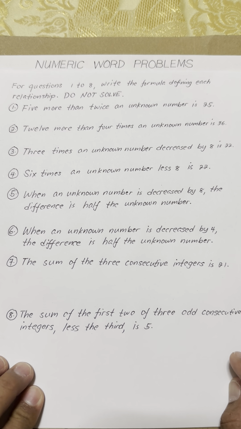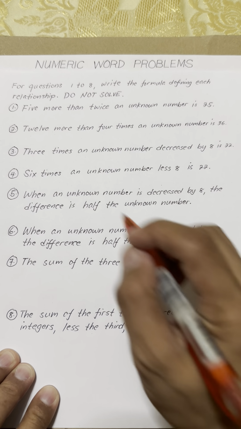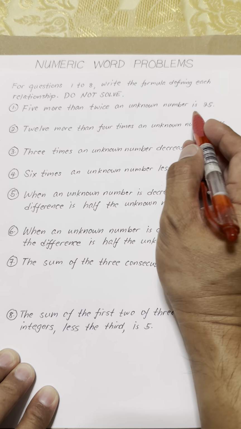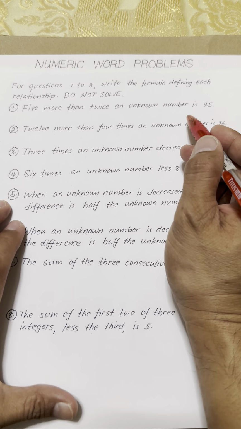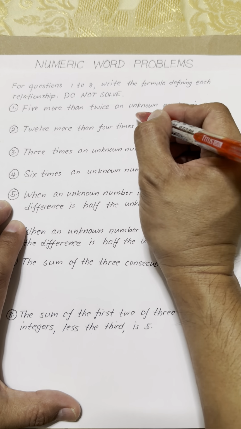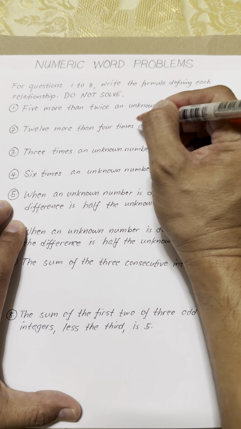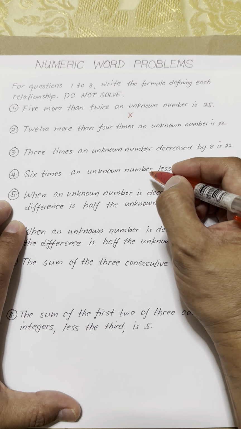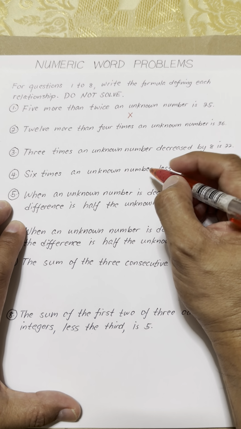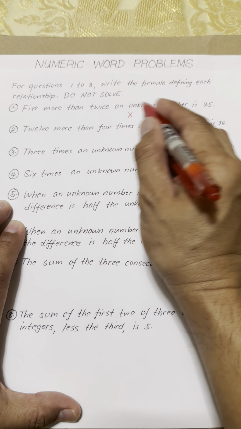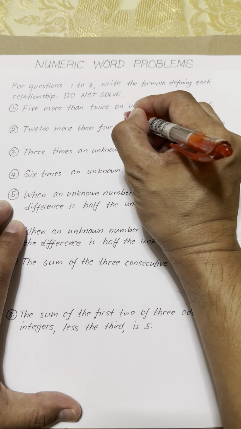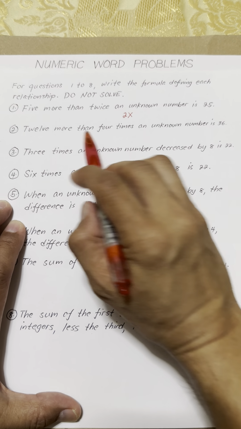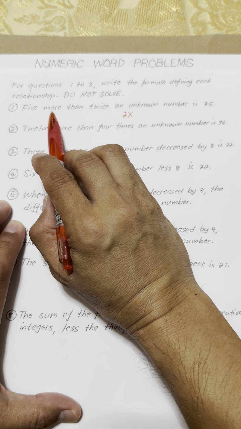All right, so for the first question, we have: 5 more than twice an unknown number is 25. The unknown number, we don't know it, so we can let that unknown be equal to x. Twice an unknown number means 2x. Then we have the word more.